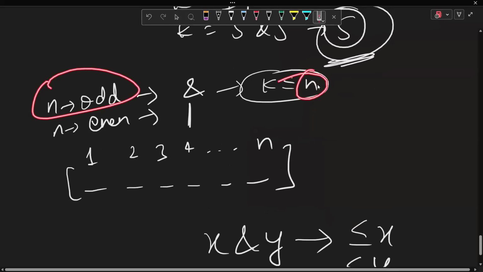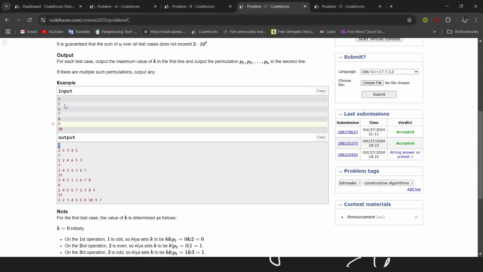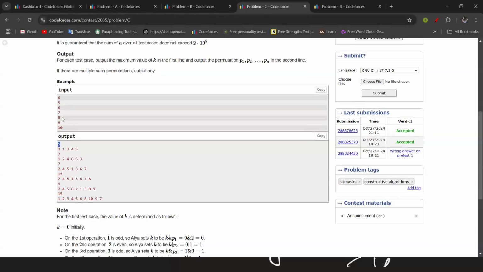Now you can observe, for the odd case n equal to 5, you got a 5. For n equal to 7, you got a 7. For n equal to 9, you got a 9. So by looking at this, what you could guess is that for the odd case, you are always able to make n.